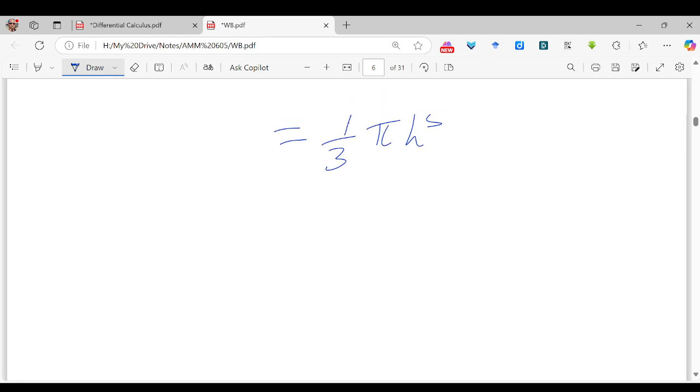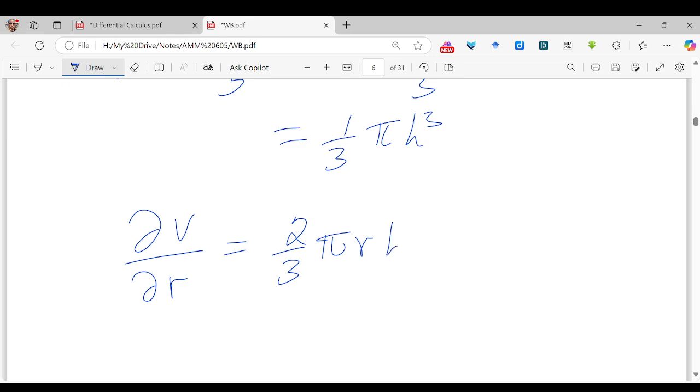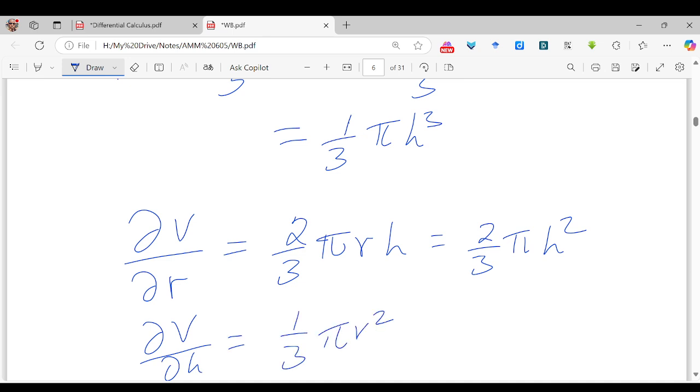So the volume can be expressed in this form. Also, the partial derivative of V with respect to r, which was 2 over 3 pi r h, can now be expressed as 2 over 3 pi h squared, and the partial derivative of V with respect to h, which was 1 over 3 pi r squared, we can now write as 1 over 3 pi h squared, since r is equal to h.